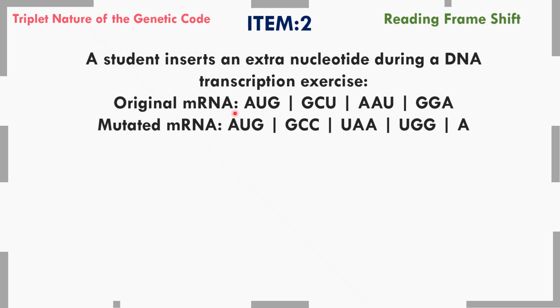Original messenger RNA, AUG, GCU, AAU, GGA. Mutated messenger RNA, AUG, GCC, UAA, UGGA.